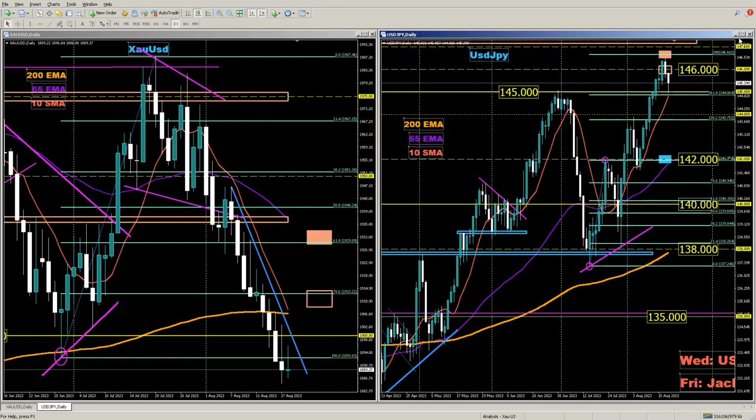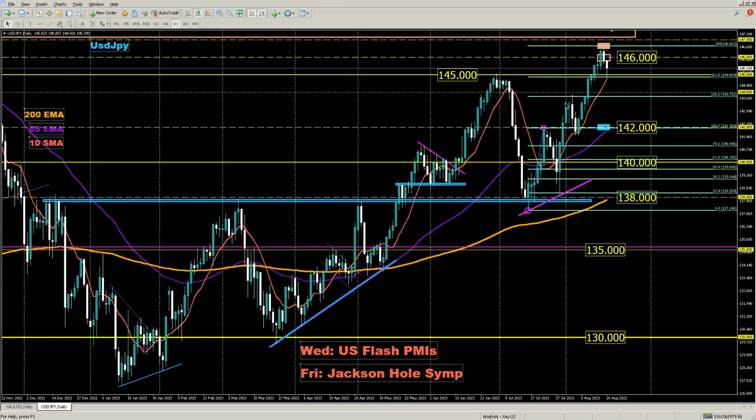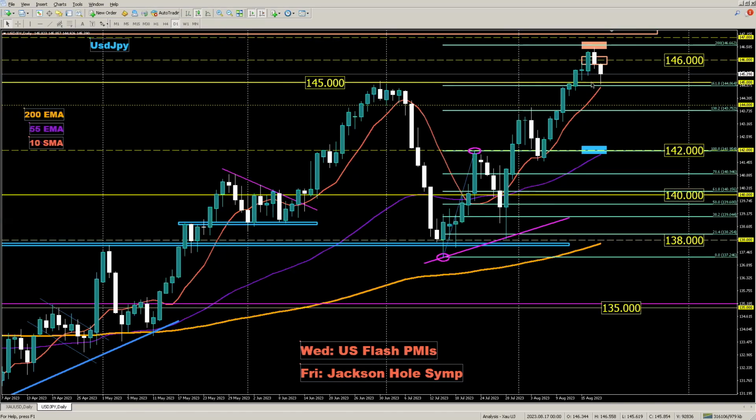Let's move on to dollar against Japanese yen. After strong moves from the start of the week, it broke out above the intra-year high at that time from the 145 and then through the 146.